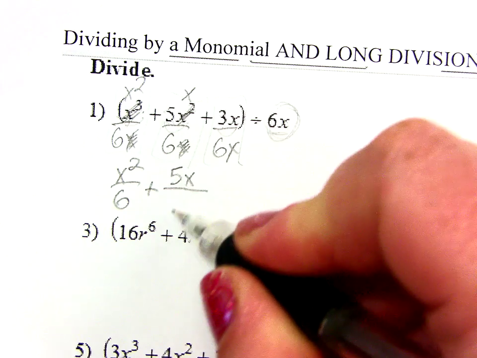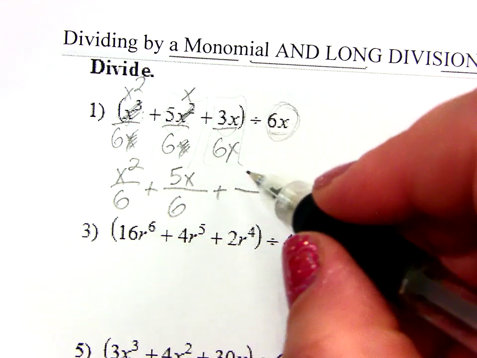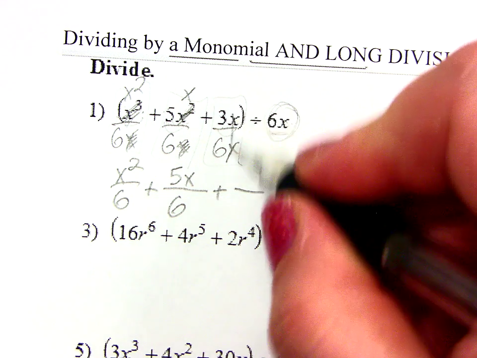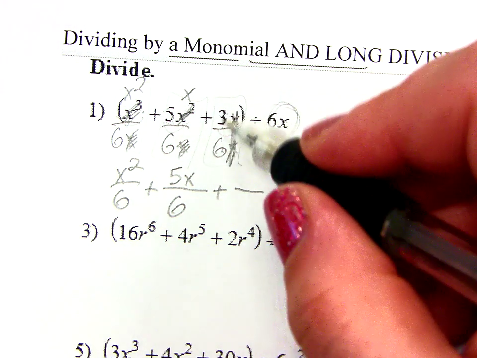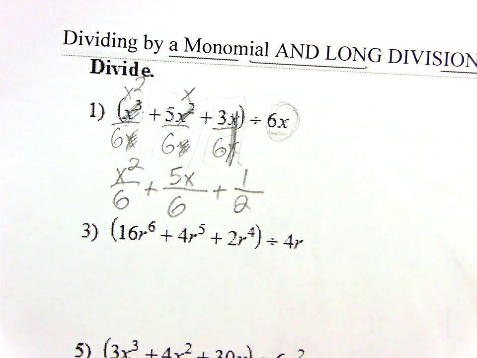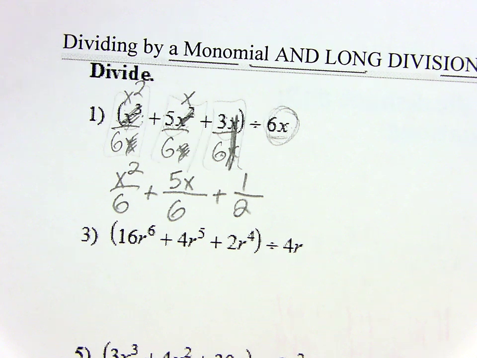So I have 5x over 6, plus, and then what happens in this one? The x's are gone, and can I do anything else? Yeah, I can reduce 3/6 to be 1/2. That's it. So when I'm dividing by a monomial, it's actually super easy because I'm just dividing each one of the terms by whatever I have.